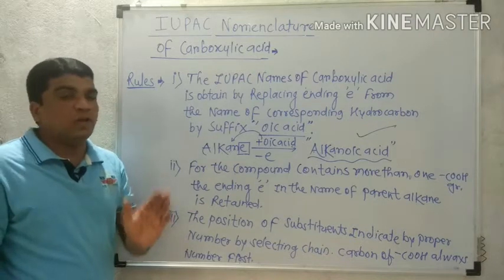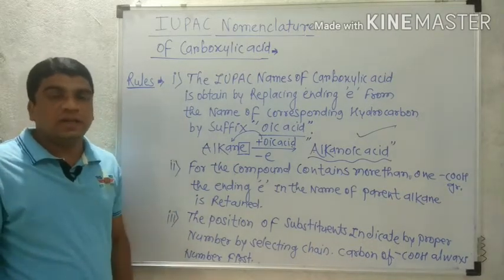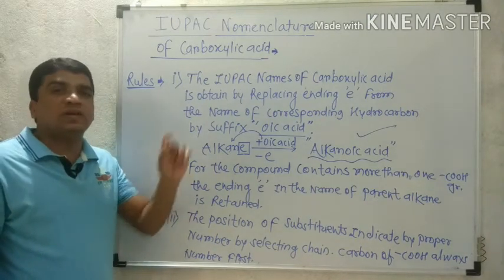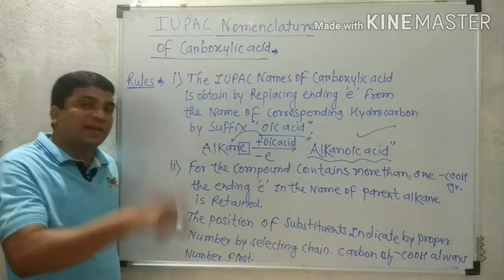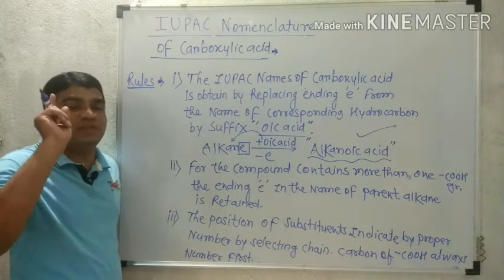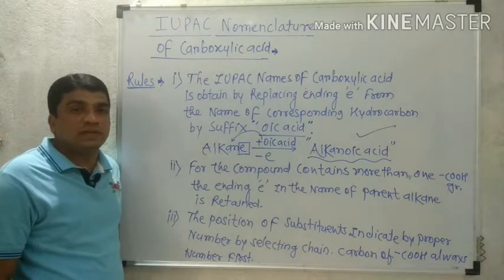So in this rule, if the structure contains one or more substituents, our first work is to select the longest chain in the structure that contains the COOH group. Then number that carbon chain from the COOH end, that is the carbonyl carbon of the COOH.